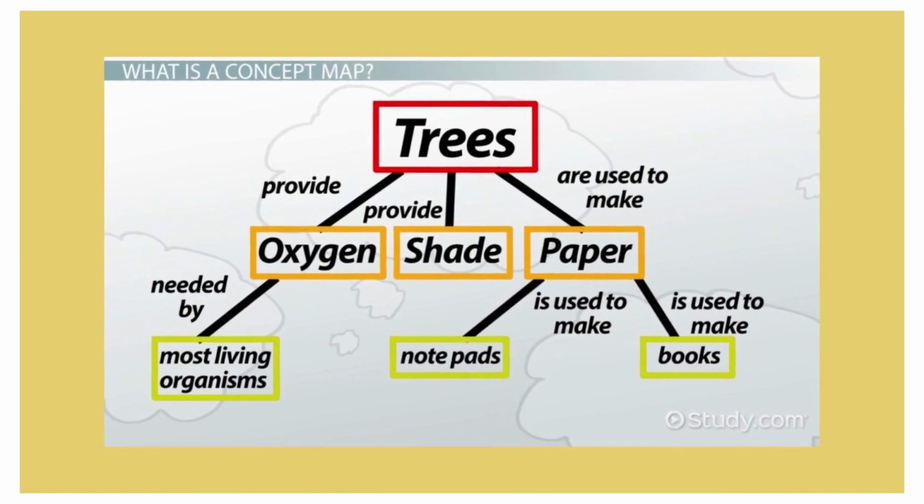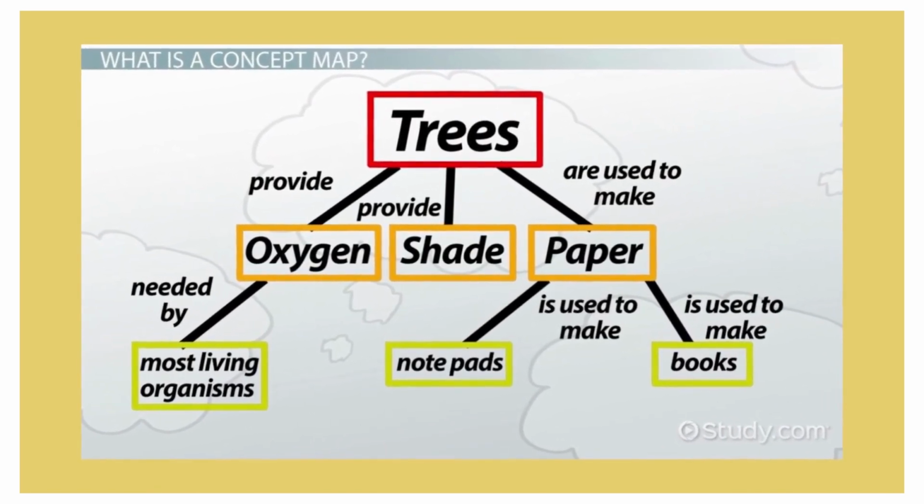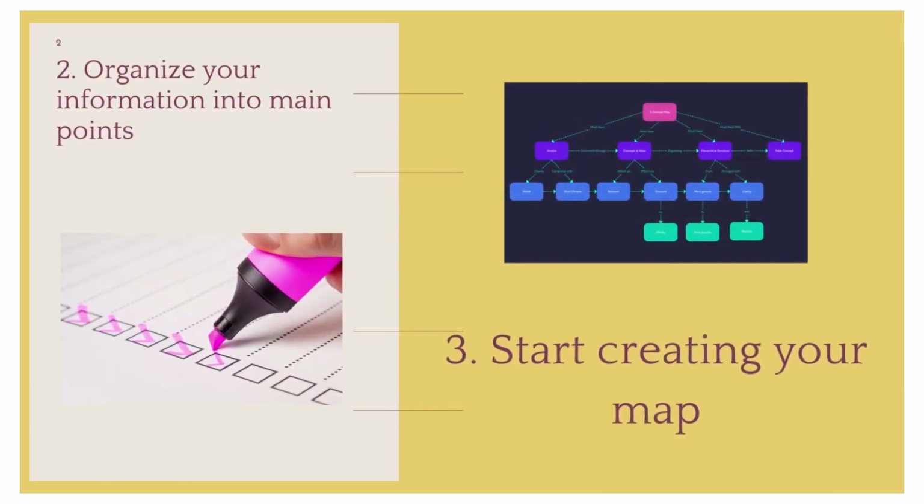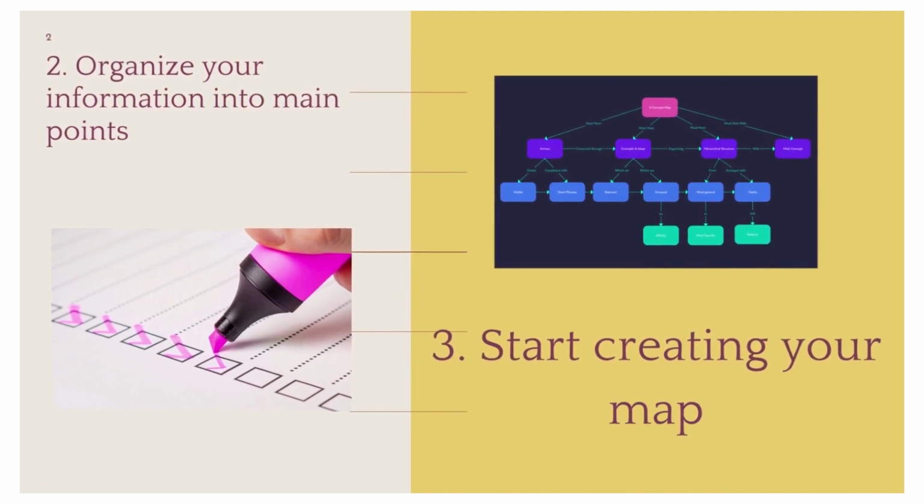For example, you realize that the main topic of an article is about trees. And most of the discussions in that article are about the use of a tree. Okay, so that's your main topic, the tree.